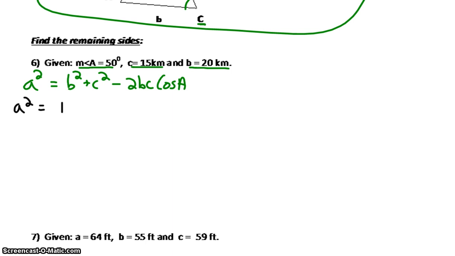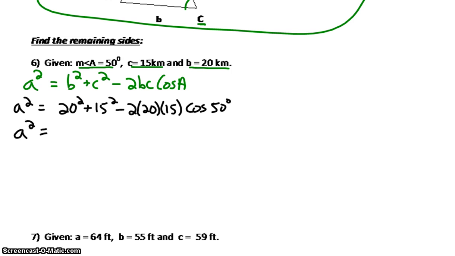So I have 15 in for my B, which I will square. That is my C. So I'm going to put these in the same order as you see them. So 20 squared plus 15 squared minus 2 times 20 times 15 times cosine of 50 degrees.